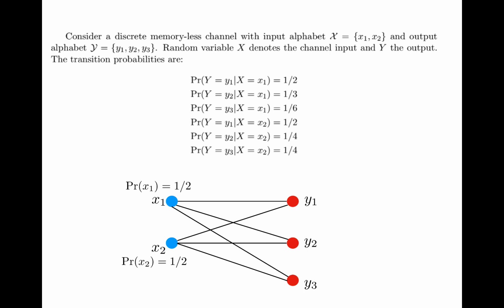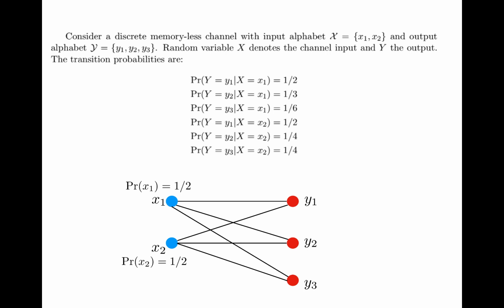What is the probability of receiving y1 when x1 was transmitted? That probability is half. Next, what is the probability of receiving y2 given x1 was transmitted? That probability is 1/3. What is the probability of receiving y3 when x1 was transmitted? That probability is 1/6, and so on.